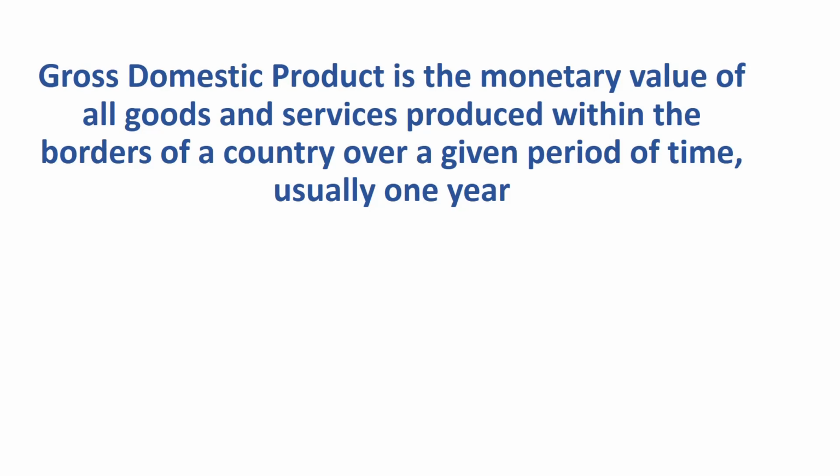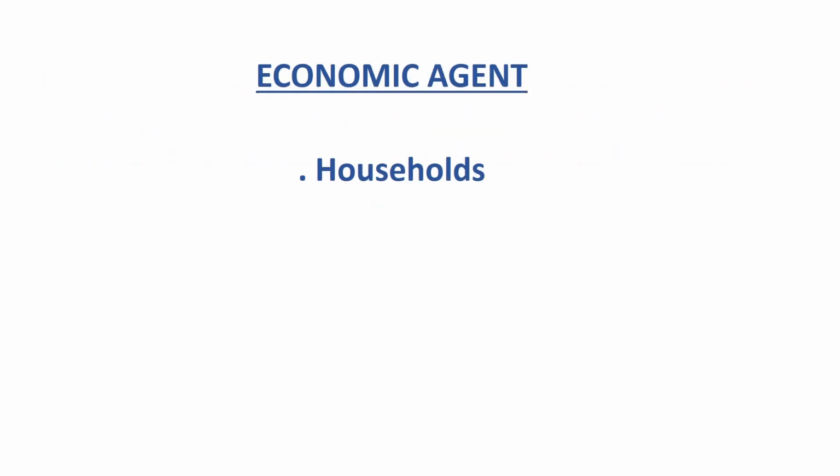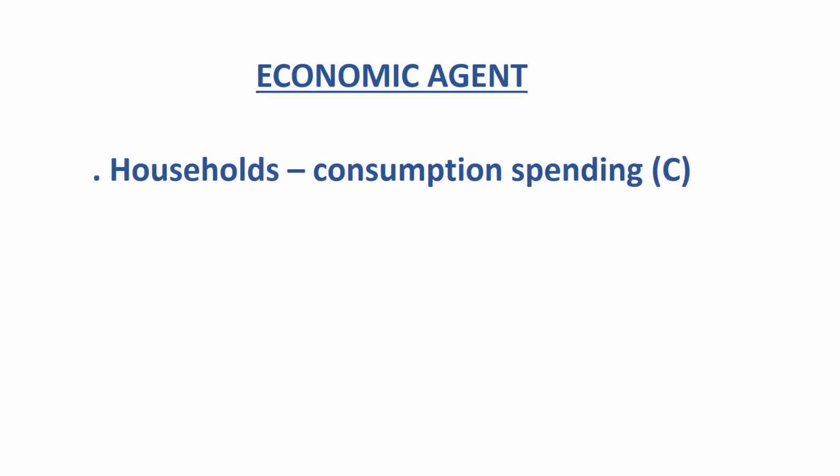To be able to employ the expenditure approach, we need to identify economic agents which are spending in the economy. And here we will start with the households. Households spend on goods and services for consumption, and therefore households incur what we term as consumption expenditure or consumption spending.